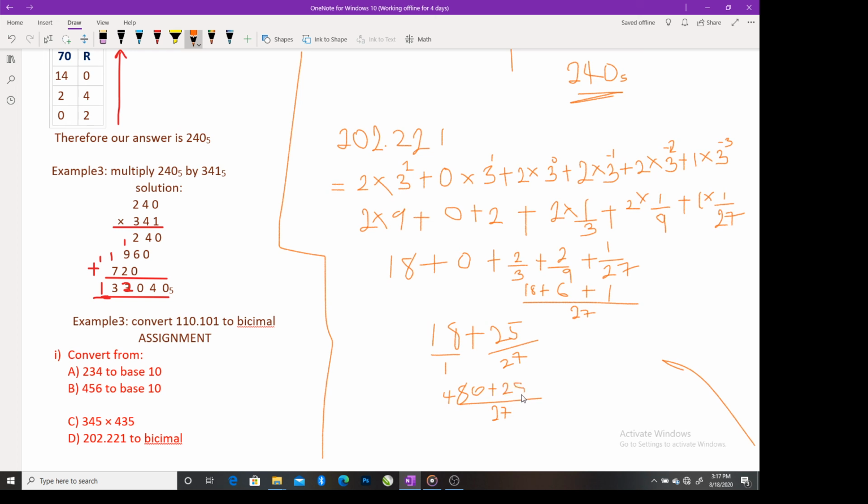That is 25. So our answer becomes 486 plus 25, and that is 511. 511 divided by 27, what do you have? 18.93 approximately. So that gives us our final answer.